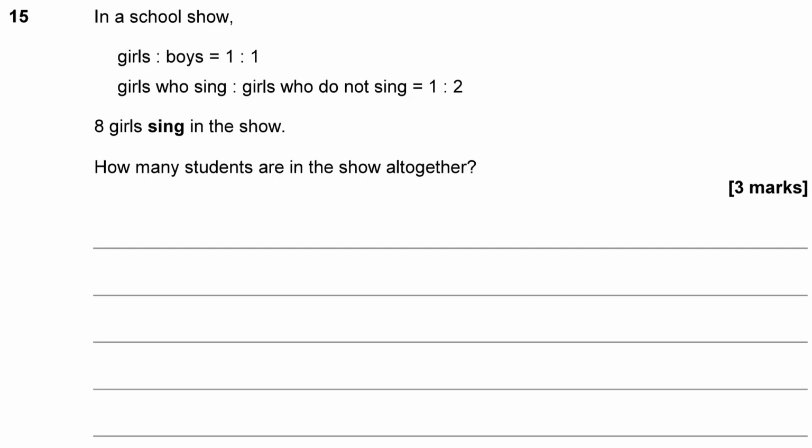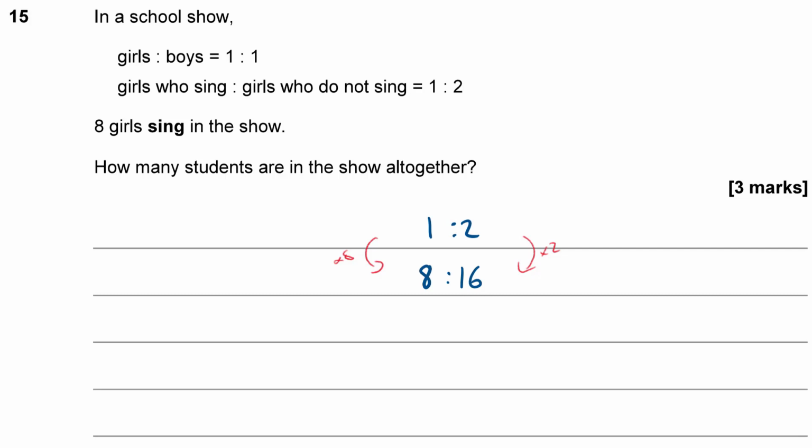So if the ratio of girls who sing to the girls who do not sing is 1 to 2, and we know that the girls who sing is 8, then this one here is timesing by 8. So doing the same to the other side, timesing by 2, 2 times 8 is 16. There must be 16 girls who don't sing.